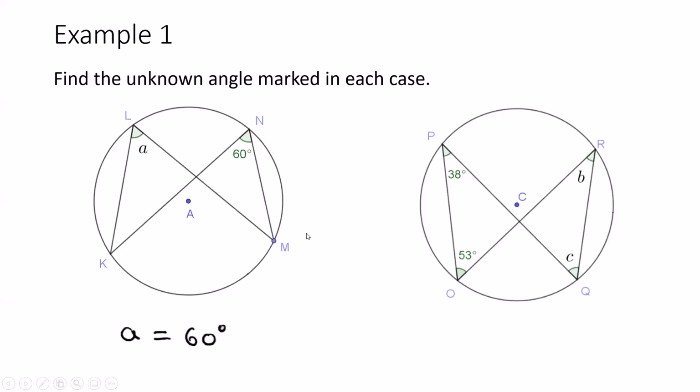So A is equal to 60 because they are angles in the same segment. Part B, here B is equal to 38 and C is equal to 53. They are angles in the same segment.